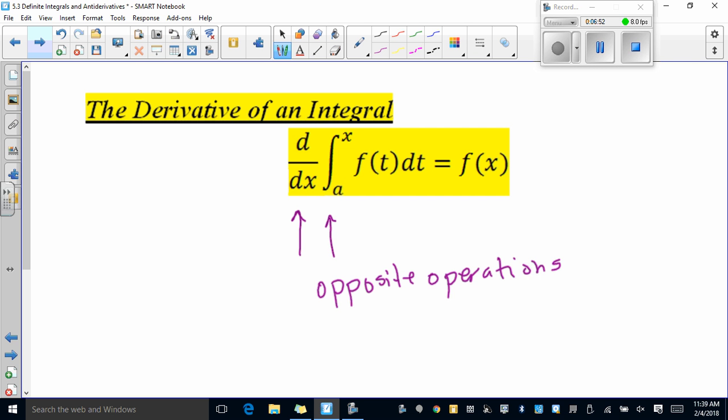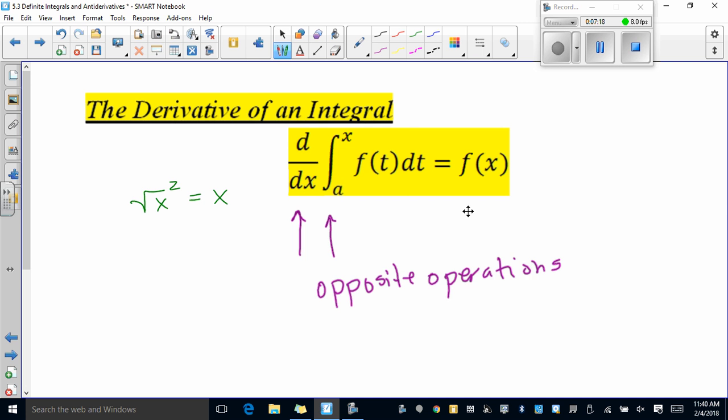One of the things that they'll show you, and I might as well go ahead and give it to you, is that you're going to find the antiderivative with respect to x minus the antiderivative of f with respect to a.